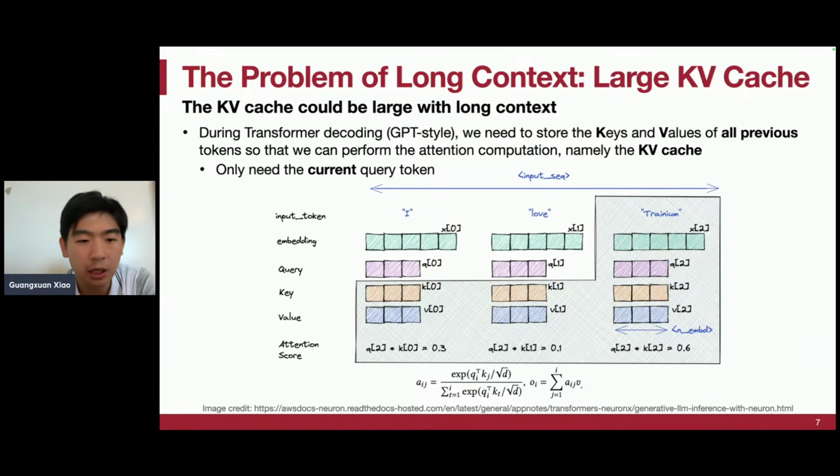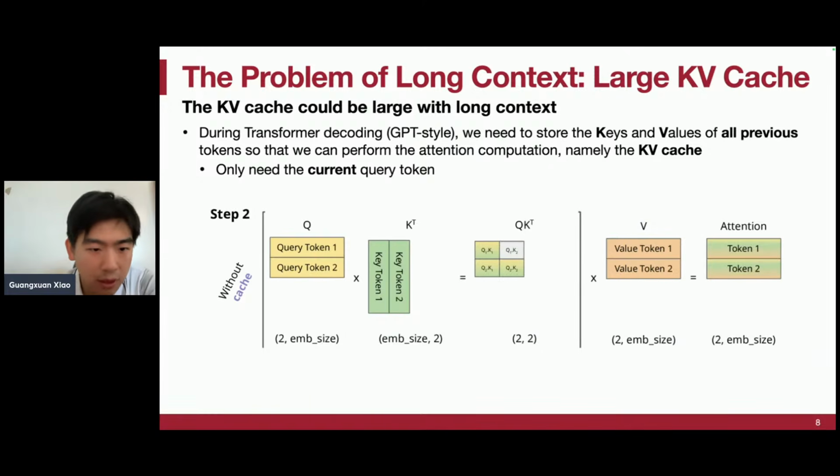That's a very powerful and also very basic technique called KV cache. Here is an illustration: when you have the tokens "I love" in the context, you don't have to recompute their keys and values. You only need to compute the QKV for the new token, "Trainium", and then you can compute the attention score over the entire context without recomputation.